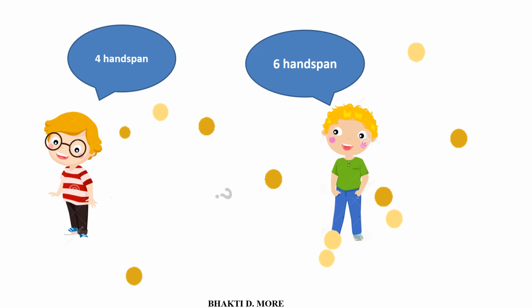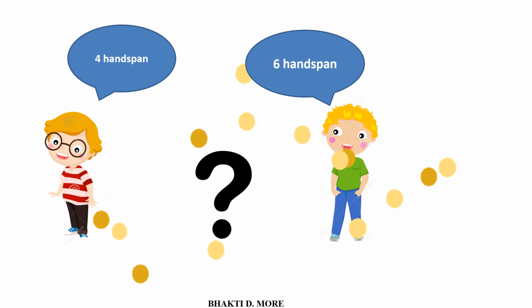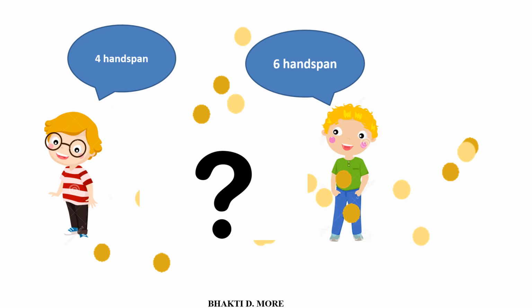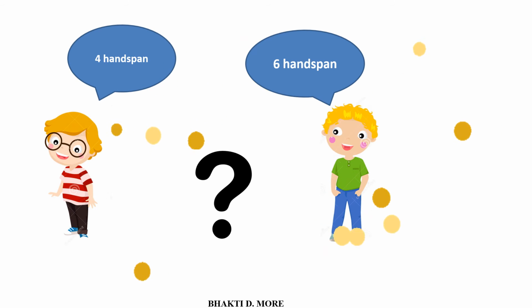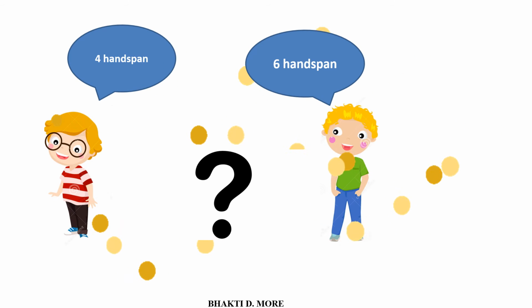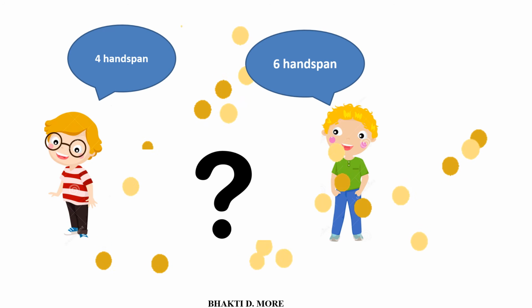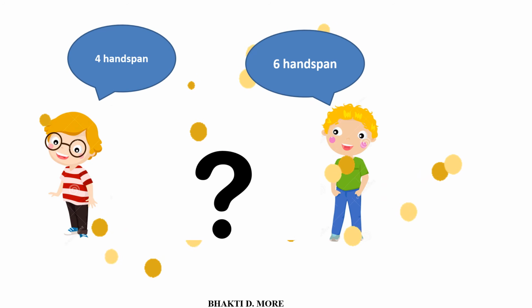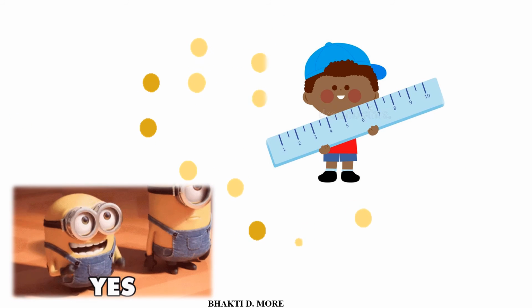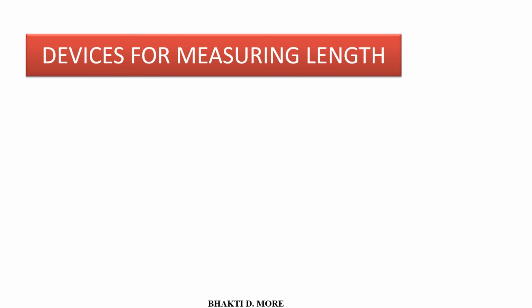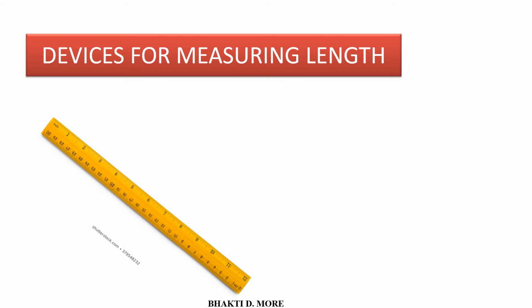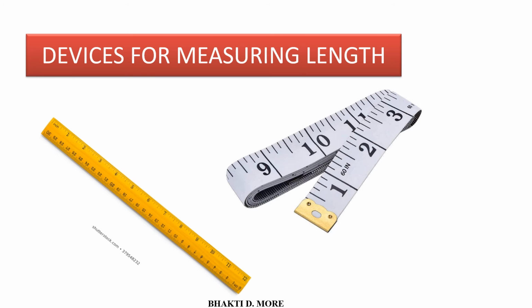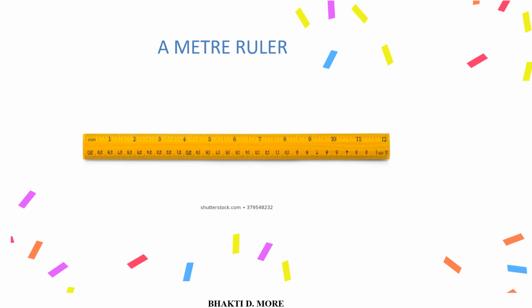But now they both are confused as to why they got different measurements though they measured the same desk. So to avoid this, there are certain devices or instruments to measure length. Yes, it is a ruler. So what are the devices for measuring length? Yes, a meter ruler and measuring tape.